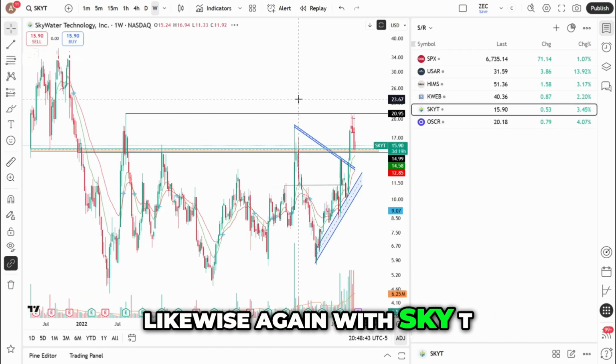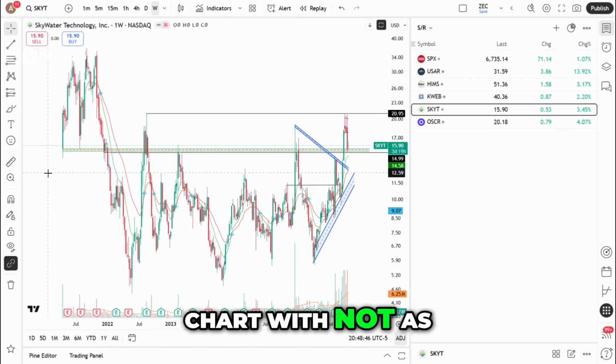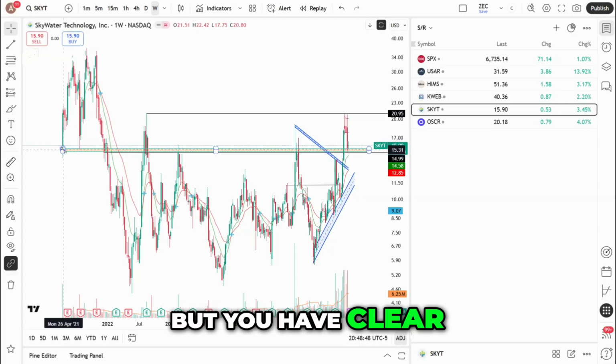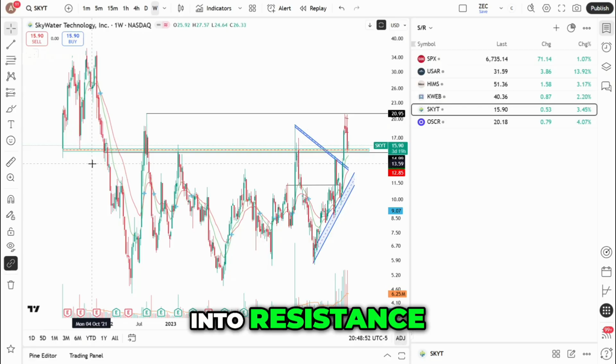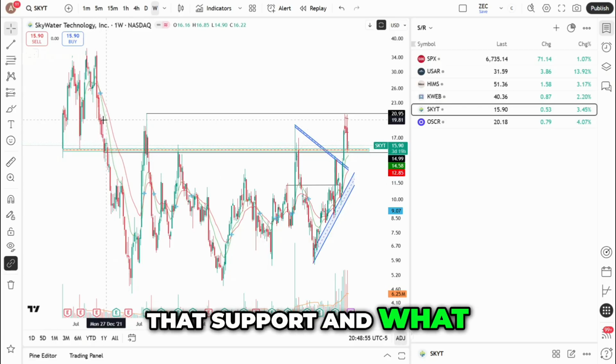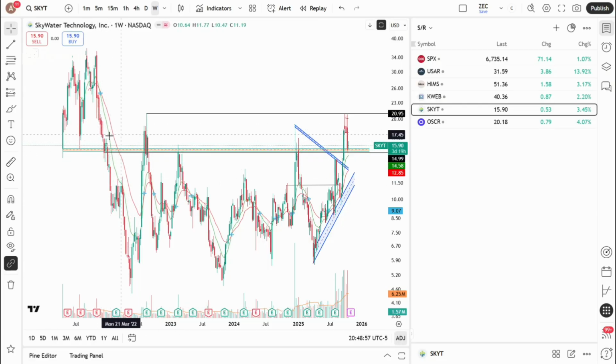Likewise, again with SKYT, it's a very similar chart with not as much price history, but you have clear support here, support here. Support got flipped into resistance. It failed to hold as support, and what was now your friend is now your enemy.